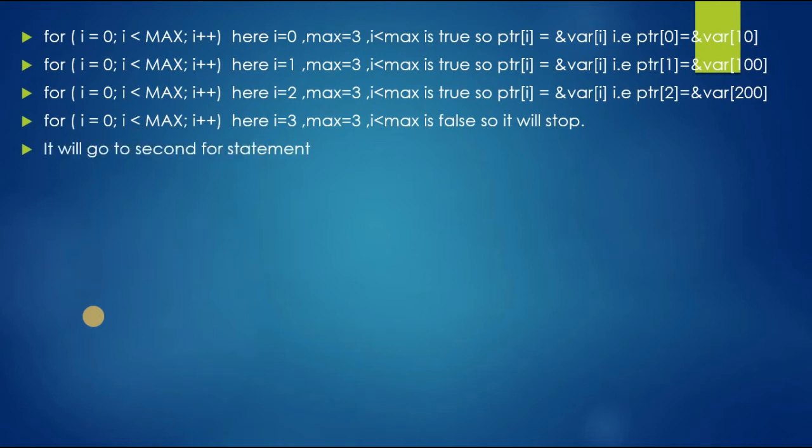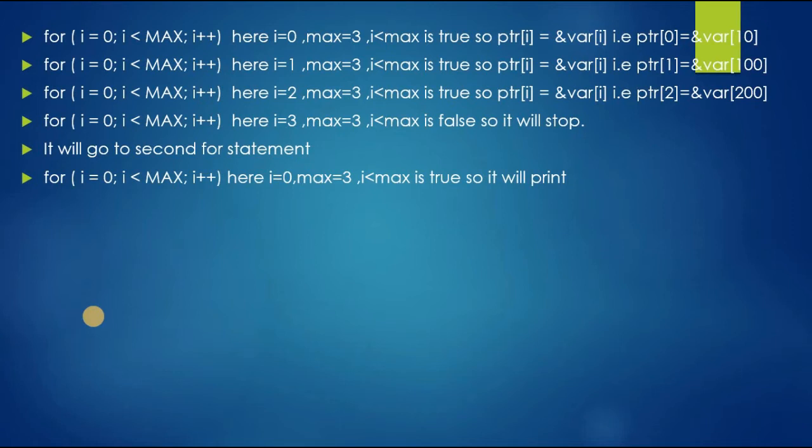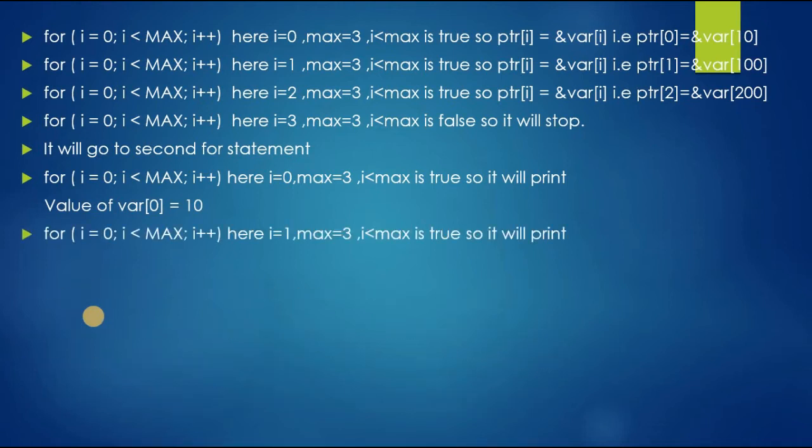and it will go to the second for statement. In the second for statement, i is equal to 0 and max is equal to 3. So i is less than max is true, so it will print the value of the array at the 0th position. Whichever element is stored at the 0th position will be displayed here. Then i is incremented, i is equal to 1 and the condition is true, so it will print the value of the array at the first position.